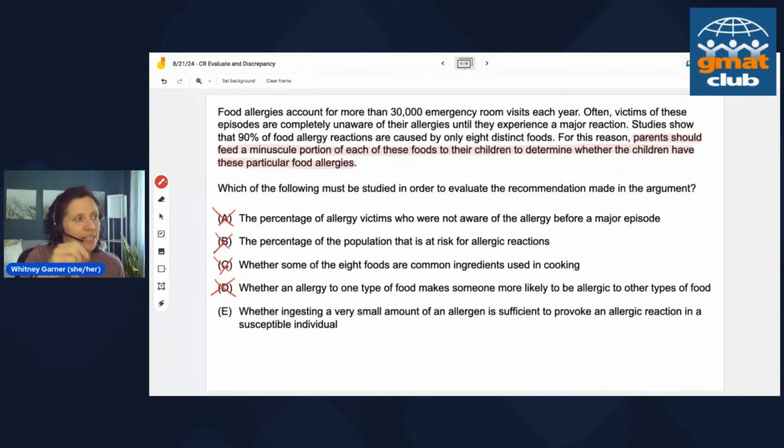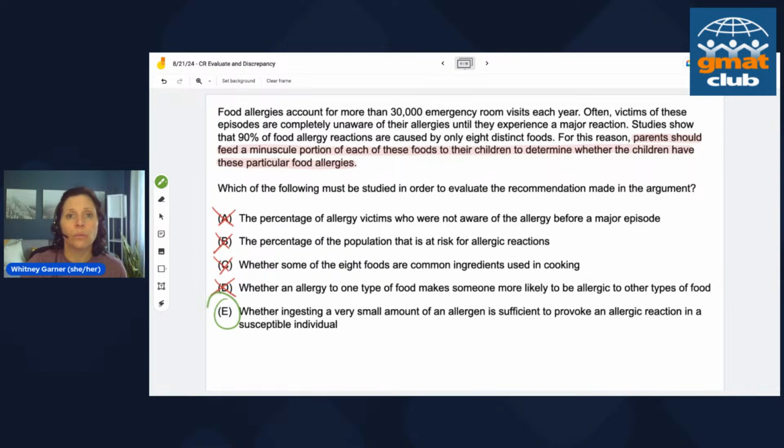If doing this minuscule portion isn't going to actually do anything, why would we advocate doing it in the first place? So depending on whether I say yes or no to E, yes, it is sufficient, or no, it's not, it fundamentally changes whether I think the argument is valid. And that is at its heart what we're looking for when we're looking for evaluate.